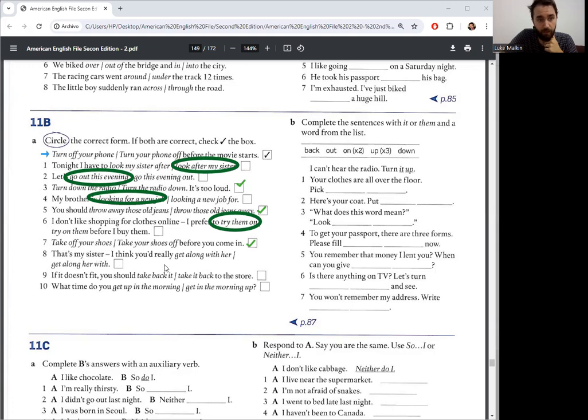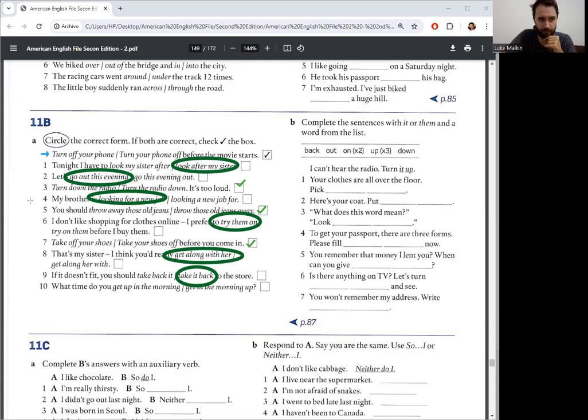Number eight, that's my sister. I think you'd really get along with her. Number nine, if it doesn't fit, you should take it back to the store. Take back is separable, but remember, the pronoun only goes inside a separable phrasal verb. So take back it is not okay.